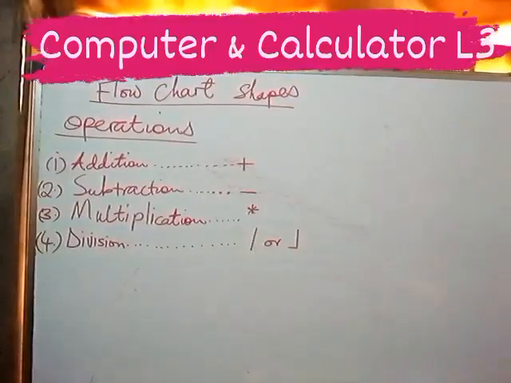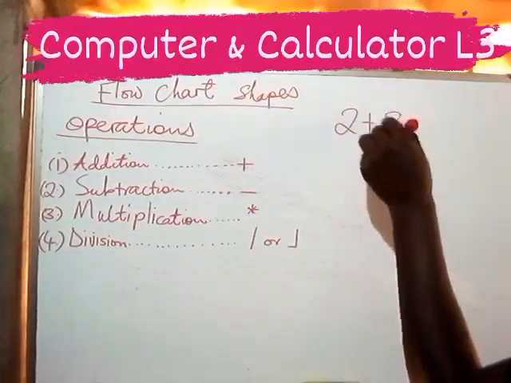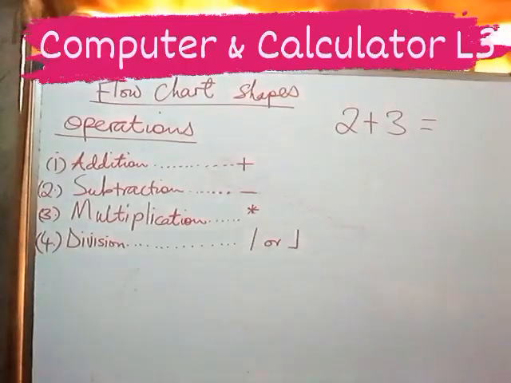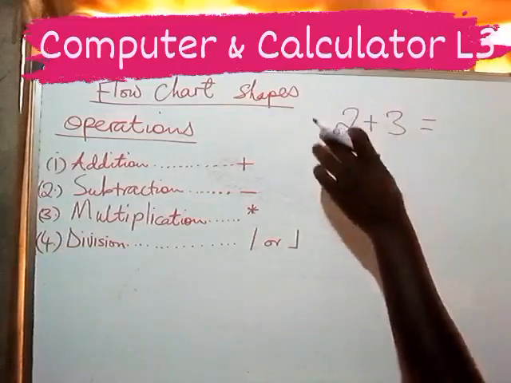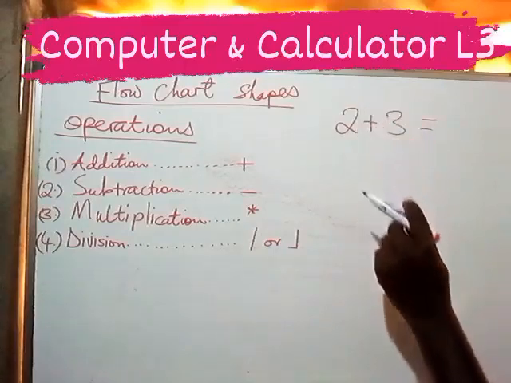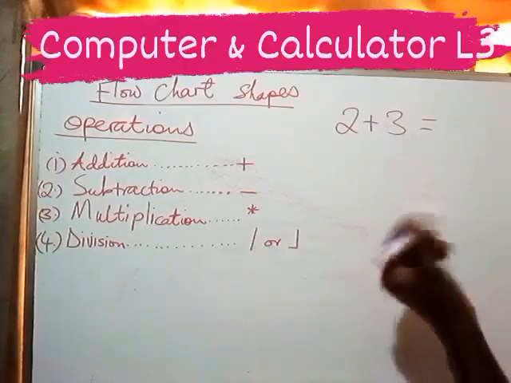We have the addition. If I write 2 plus 3, under the computer and the calculator, or under the flowchart, we still use the same symbol as 2 plus 3.